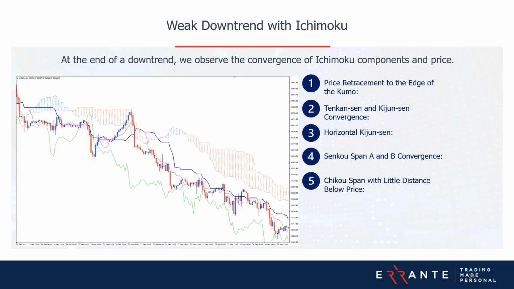And then we have the Chikou span having little resistance below the current price, which is a sign of trend exhaustion. The Chikou span being below the price shows that the current price is lower than the price 26 periods ago, but a decreasing distance signals that the momentum is fading and the market may be preparing for a reversal. It may not be a good example of this.